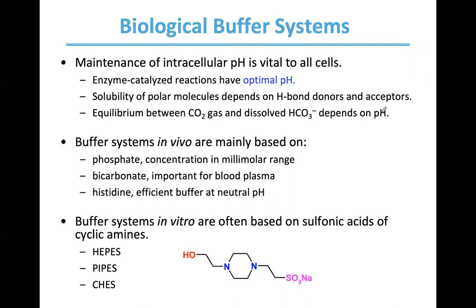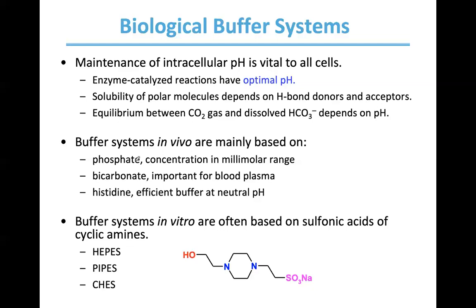So the pH in the areas where carbon dioxide has to be exhaled has to be highly optimized for this conversion of carbonate into carbon dioxide, which is catalyzed by the enzyme carbonic anhydrase.